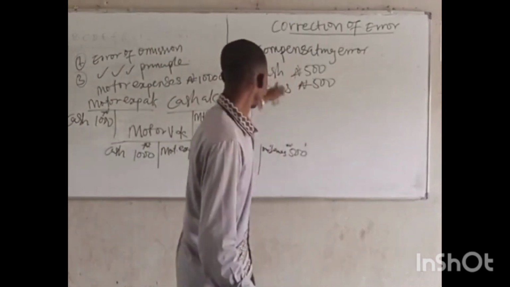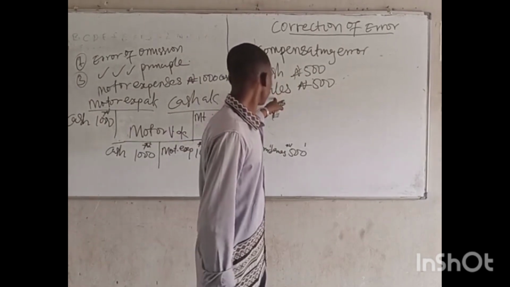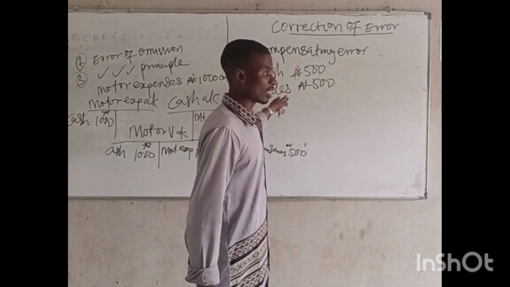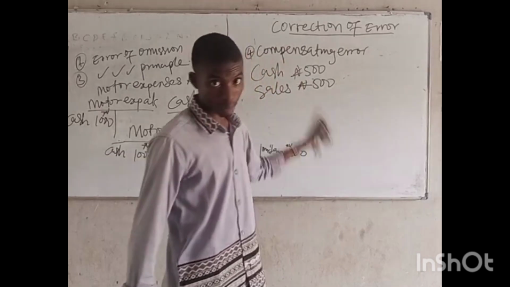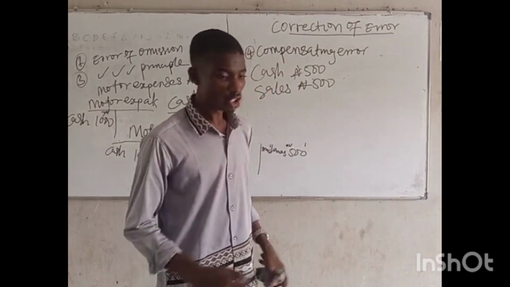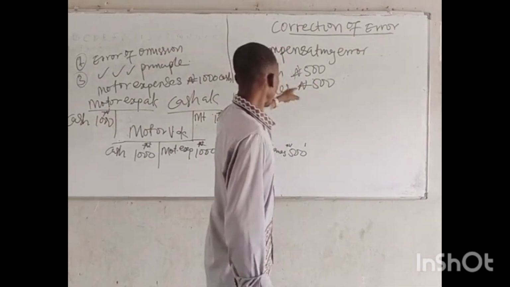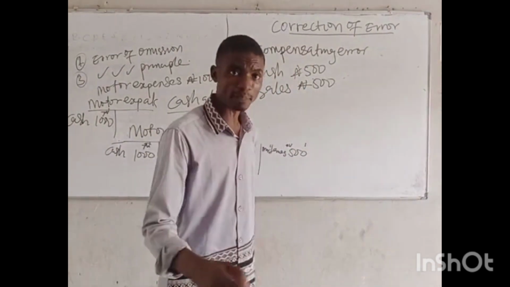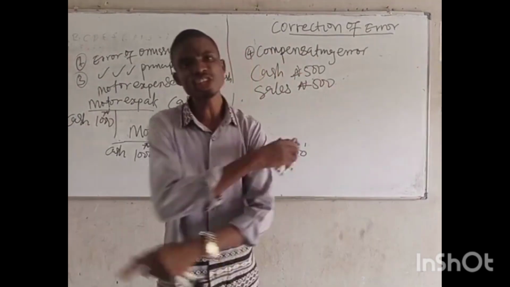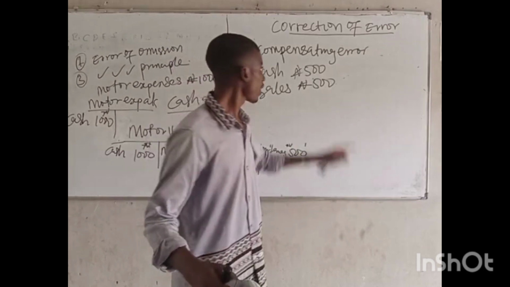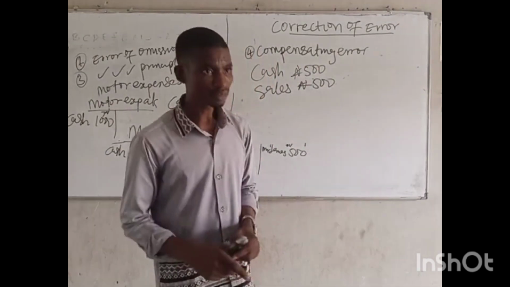Of course, you know that cash is an asset and will always have a debit balance, while sales is a nominal account, an income account, and will always have a credit balance. So since the debit side is being overstated by 500 naira and the credit side is also overstated by 500 naira, it means that the errors will compensate each other. The errors will cancel each other. That's why it is called a compensating error.